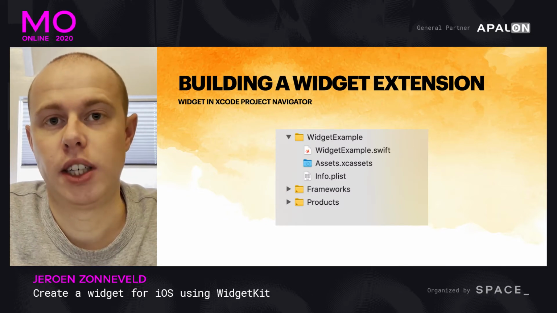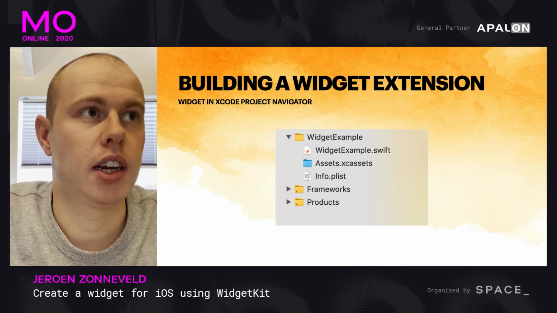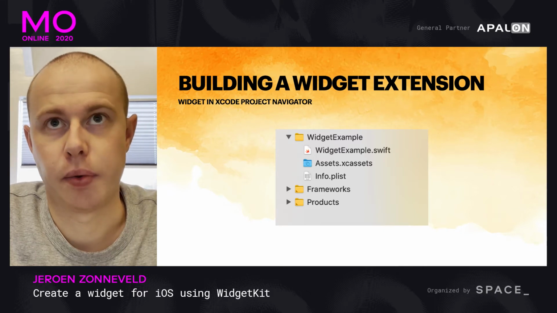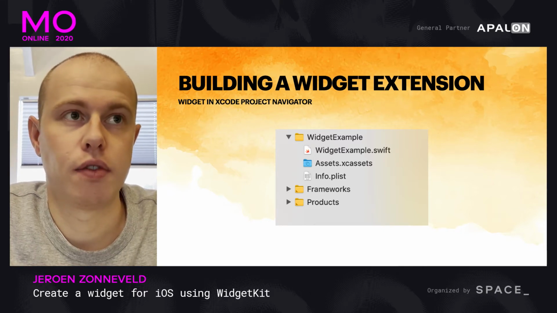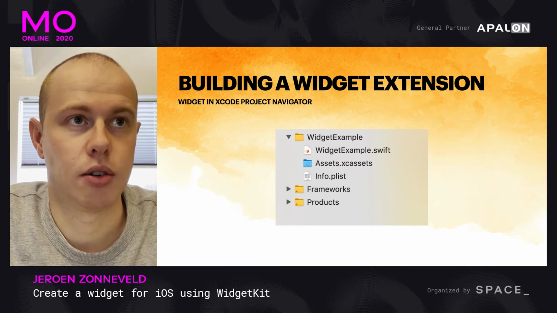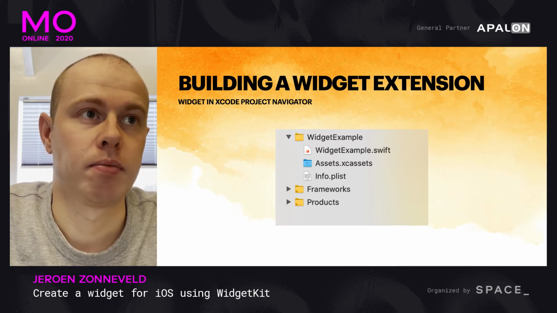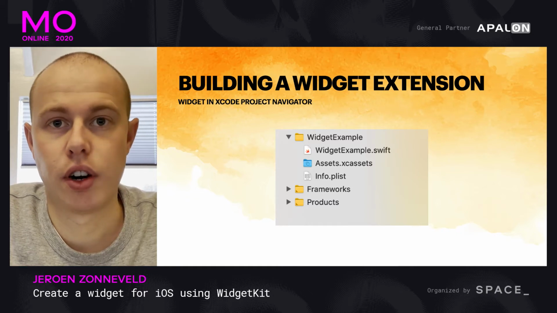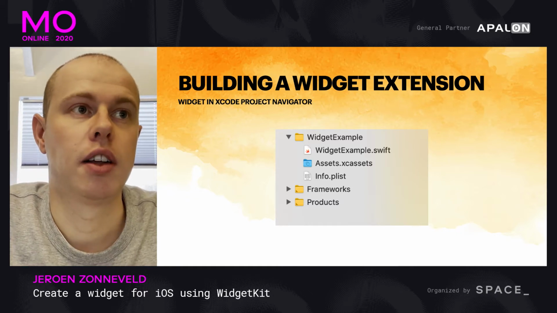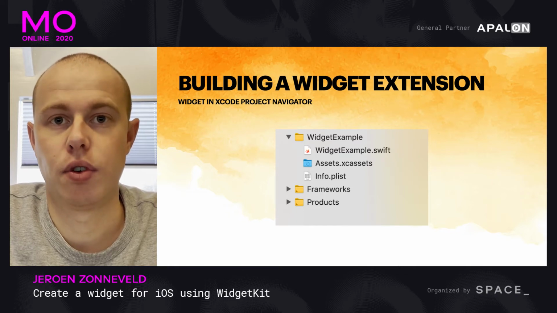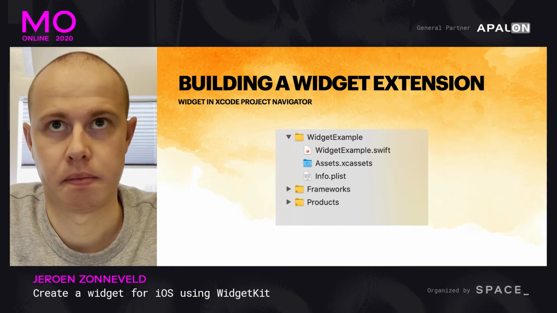When you created your widget target, it is visible in Xcode in the project navigator. And it contains 3 files, which are the widget example.swift file, which contains all the code for the widget. It contains an assets folder to put the images in, and an info.plist for the metadata and the versioning.